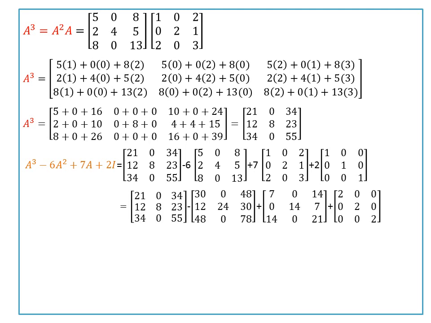Multiplying the scalars 6, 7 and 2 into the matrices, we get the first matrix as it is, minus 6 into the matrix, which is [30, 0, 48; 12, 24, 30; 48, 0, 78], plus 7 into the matrix, which gives [7, 0, 14; 0, 14, 7; 14, 0, 21], plus 2 into the matrix, which gives [2, 0, 0; 0, 2, 0; 0, 0, 2].